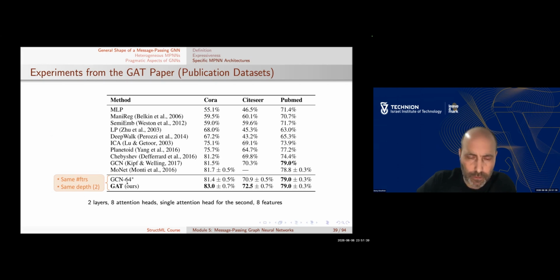What's interesting is that when they compare to GCN, they make sure that the two are compared in equal terms. So they make sure to use the same number of features and the same depth, which is 2. And you see that they get better results, at least on Cora and CiteSeer.